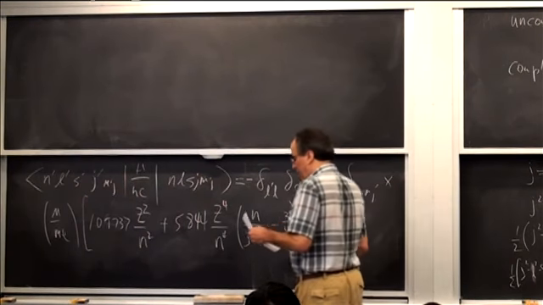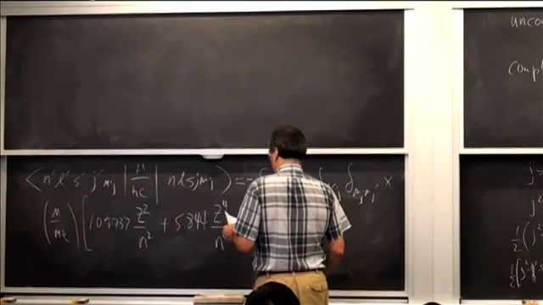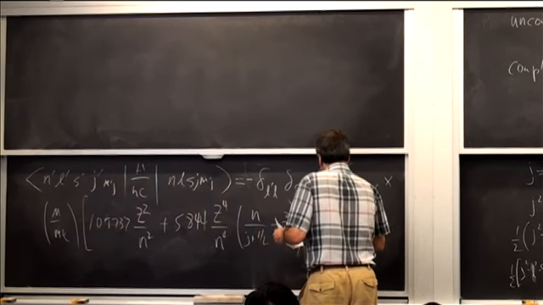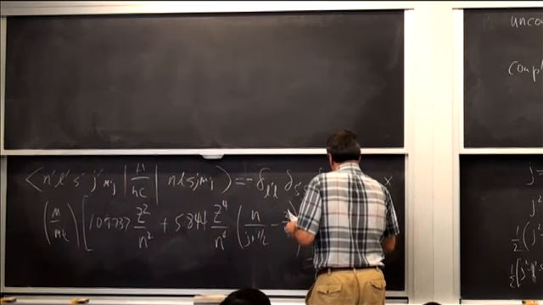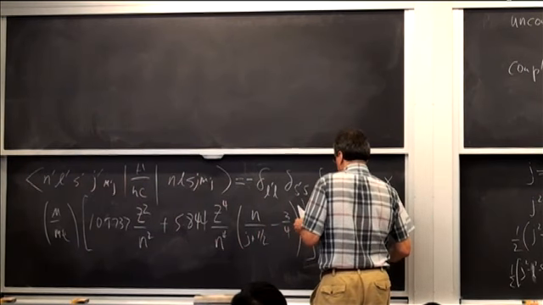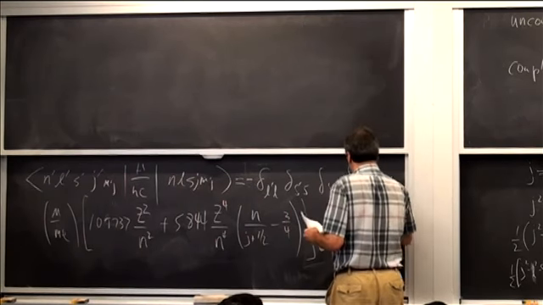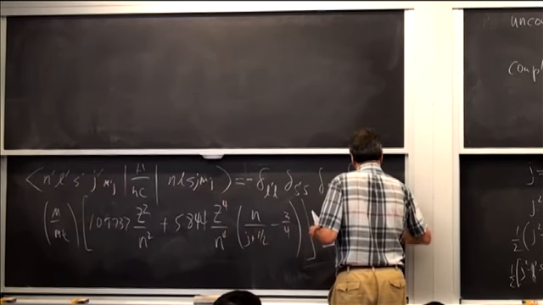So we have that, and that's it. So this is E of n, l, j, Z, mu.